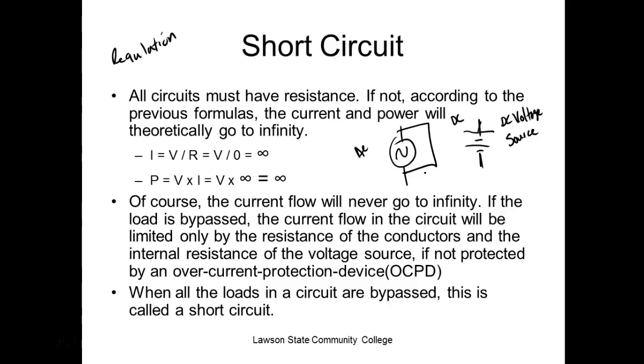There's no way in the world it can put out a voltage into 0 ohms, but it's not 0 ohms. What it's going to do is try to increase that energy level as high as it possibly can. The current available in the output will be as high as it possibly can. And the only thing limiting the current is the resistance of the source and the resistance of the wires.